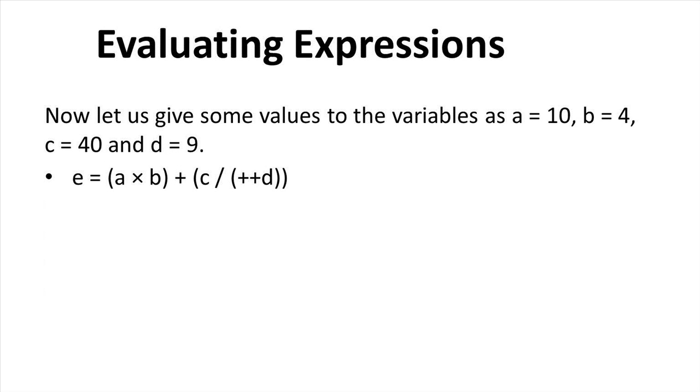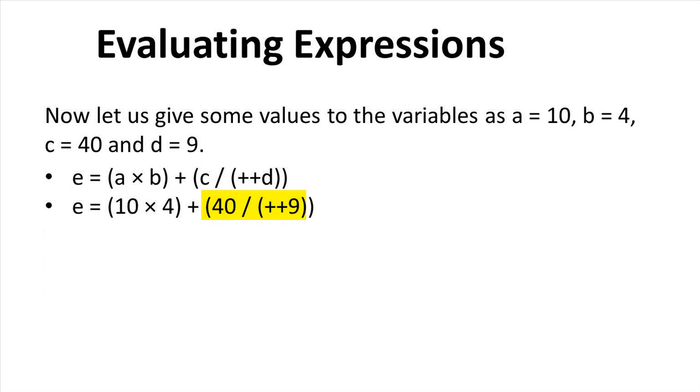Now let's give some values to the variables and see how C# would calculate that. Let's say that a is 10, b is 4, c is 40, and d is 9. And we want to figure out what e is equal to if we do this expression. a times b. Well, a is 10, and b is 4, so that would be 10 times 4. The next part is going to be c divided by ++d.